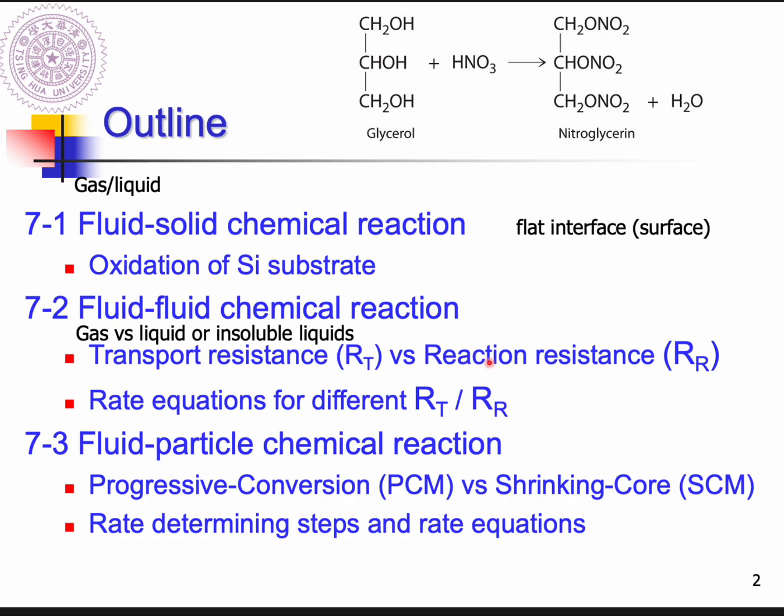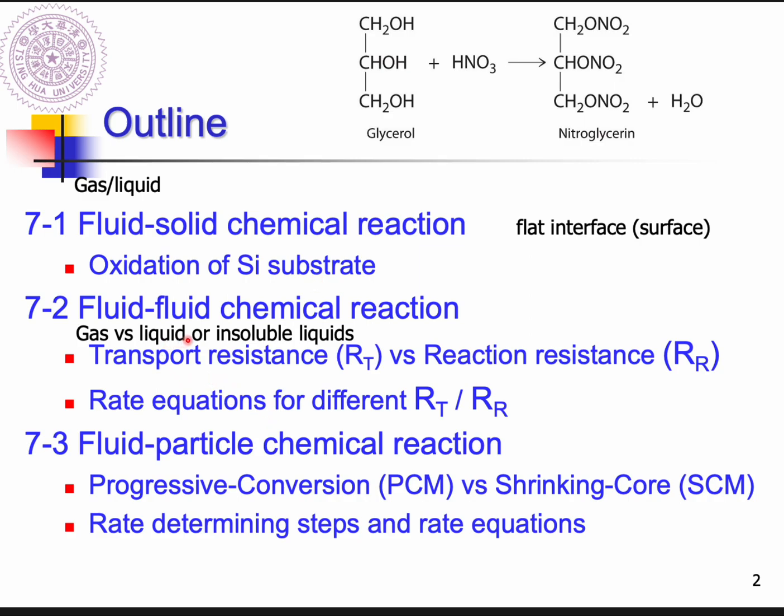So we need to consider the transport and reaction. For example, if we talk about the oxidation of silicon substrate, you have oxygen, right? And oxygen needs to be transported to arrive on the surface of the silicon substrate.